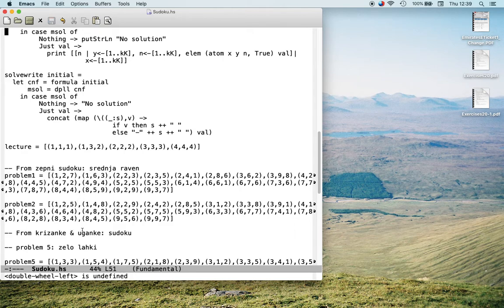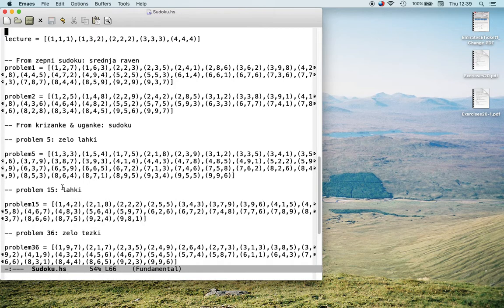They're taken from 2 different sources: one is from the Pocket Sudoku, and another one is from Crosswords and Puzzles Sudoku.